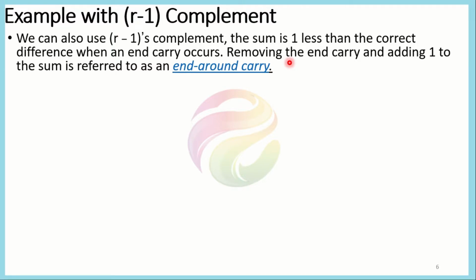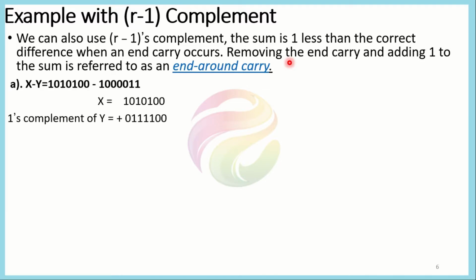So if we get an end carry, we just ignore the last carry and we add our 1 in the remaining part, which will give us the correct answer. We will see a few examples of this here. Say we have two numbers x and y here. We will take the complement of this y, which will be the 1's complement. 1's complement is very easy to calculate because we just have to reverse all the bits.